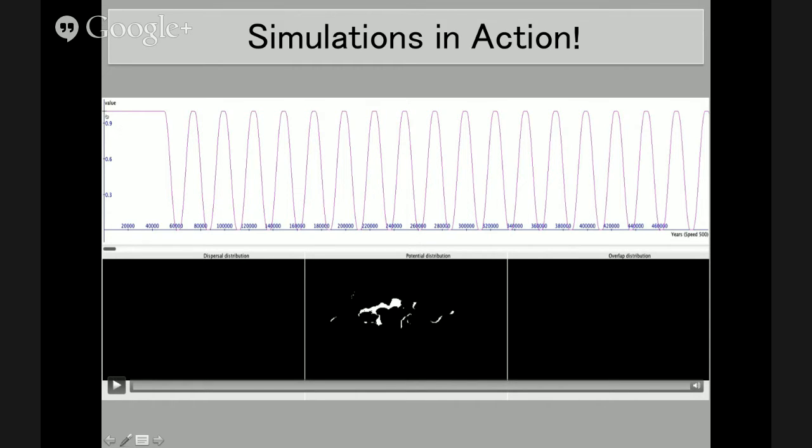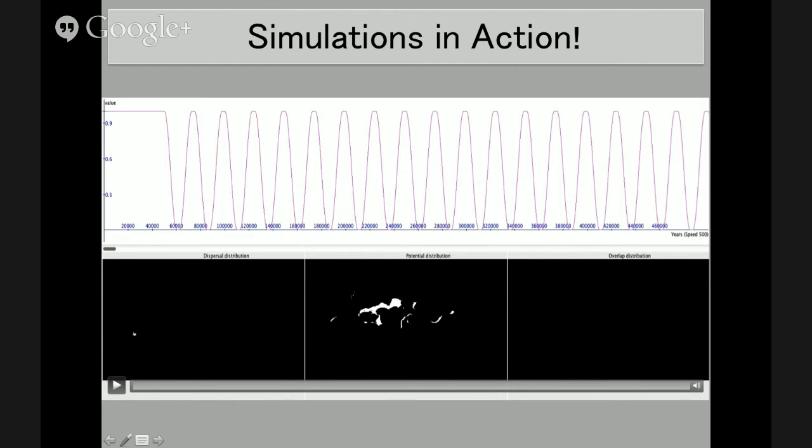We have this stable environmental condition in the beginning, which was the burn-in period that I told you about. This is where the conditions remain warm and a species is allowed to search for suitable habitat and expand its distribution before the climate then begins changing. Down here, we have this panel called dispersal distribution.